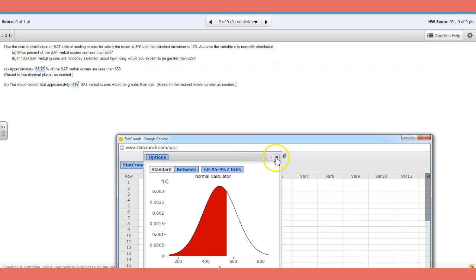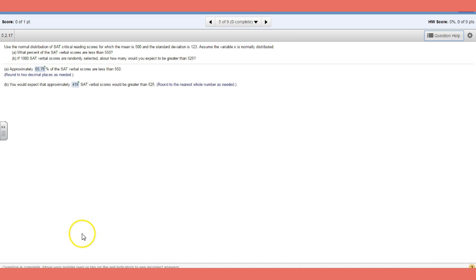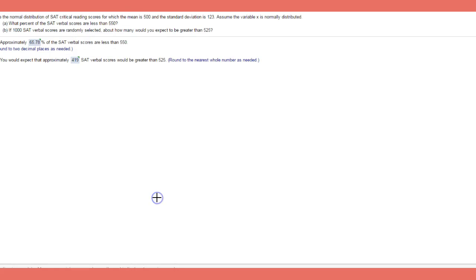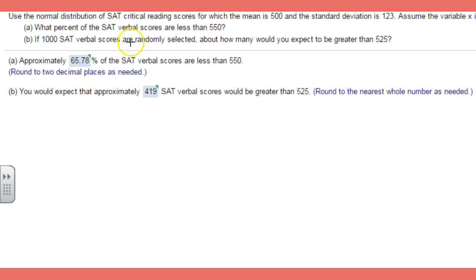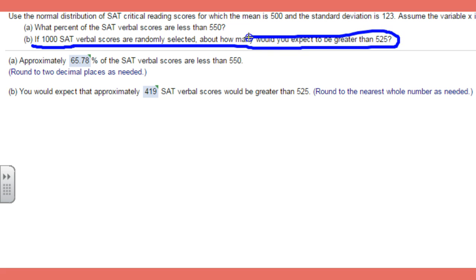In this question, they ask you if 1000 SAT verbal scores are randomly selected, about how many would you expect to be greater than 525? Students usually get confused. They're asking you how many.